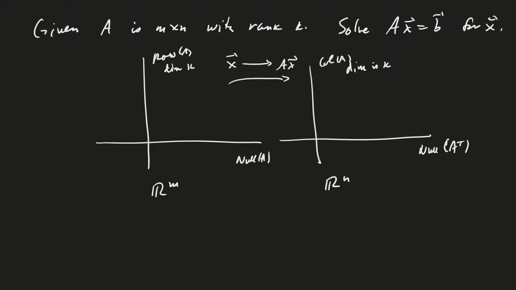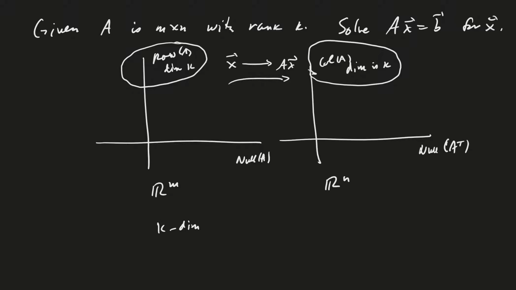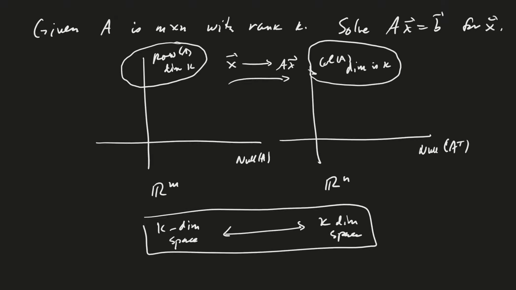And so if you restrict the mapping to be between the row space and the column space, now you're mapping a k-dimensional space to a k-dimensional space. And this mapping, restricted to these two spaces, should be invertible. And so that's the mapping that we're going to be looking for.